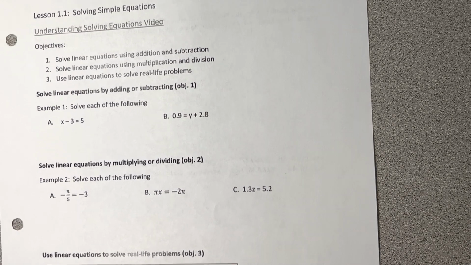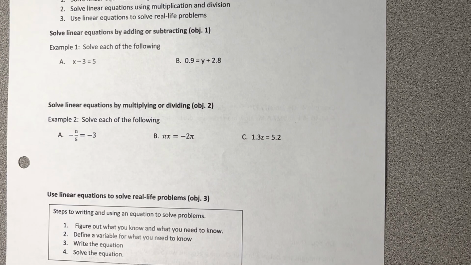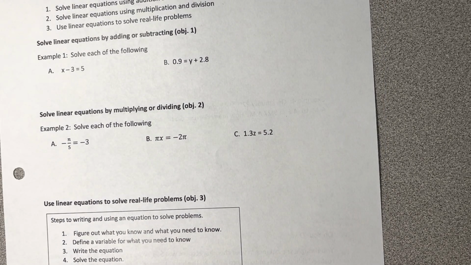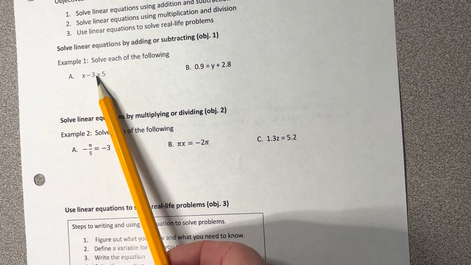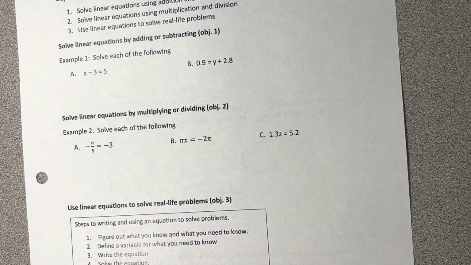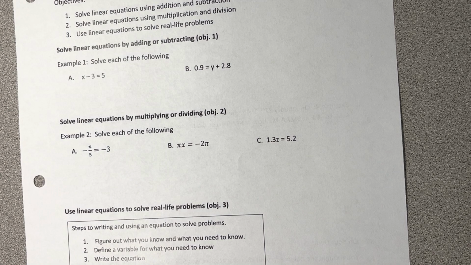Example 1. It says to solve the problem. And notice on a solve problem, we've got a variable and we've got an equation. Well, today what we're going to be doing is using inverse operations. So what I mean by that is we need to get x by itself. But what's over there with the x?